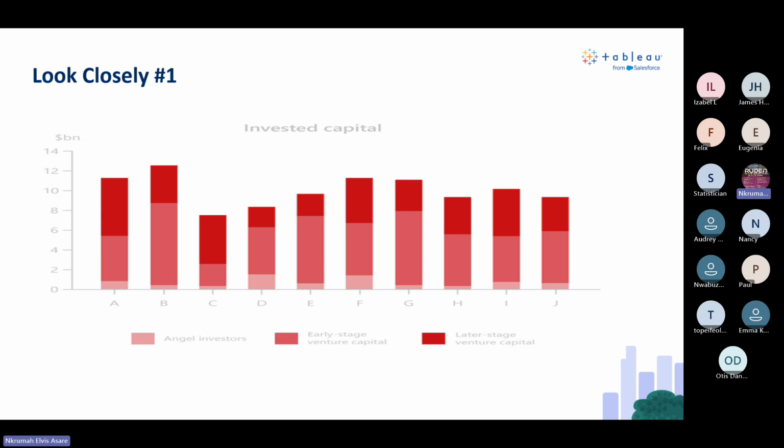So for some specific venture capitals, you can see that although the person is using different shades of the same color, the contrast is not really clear, right? And so it's not advisable to do something like this, because although the colors are not the same, it's not really showing the differences. So people are not advised to do this.